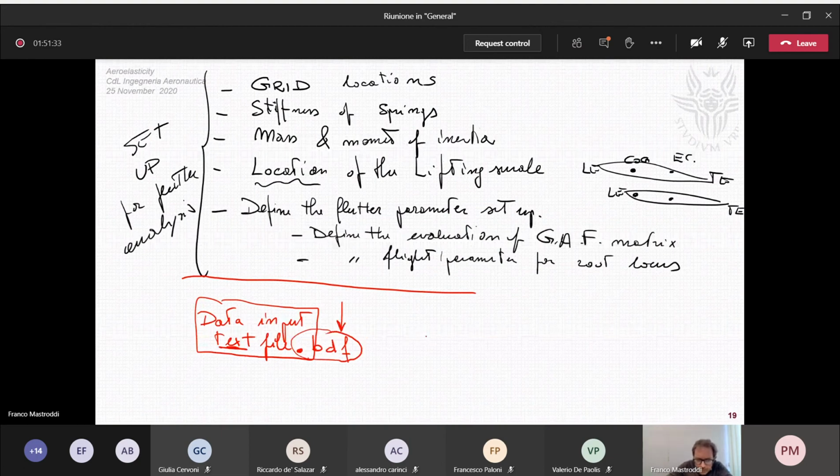This file is an input for our solver, and we will use as a solver solution 145. 145 is the Nastran solver for flutter analysis.